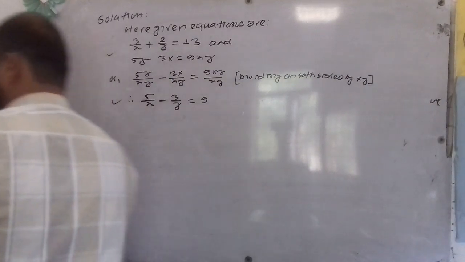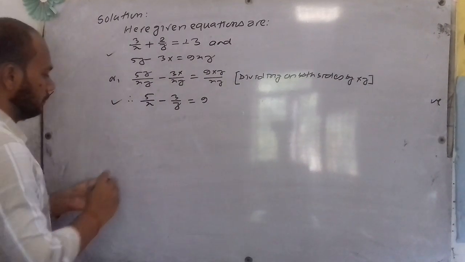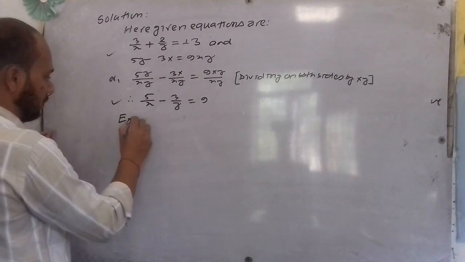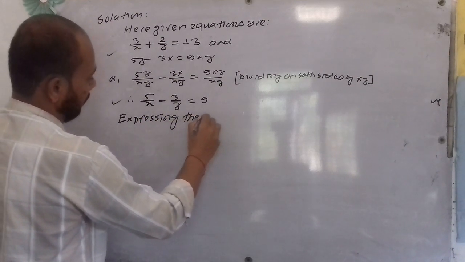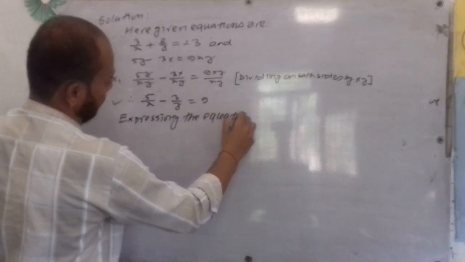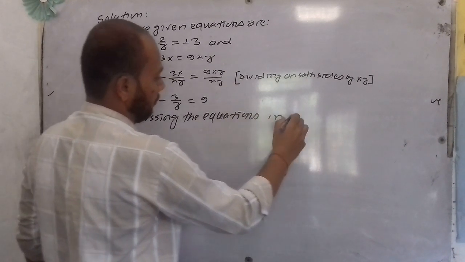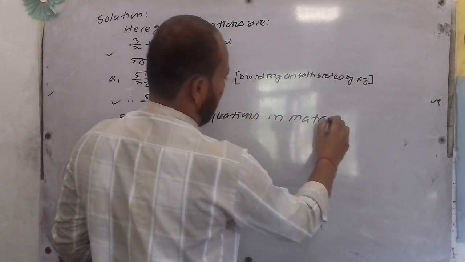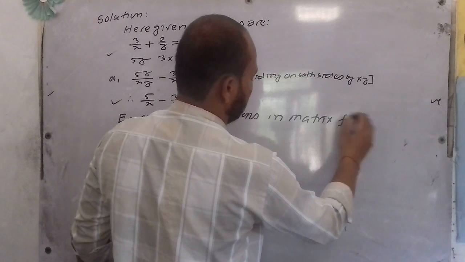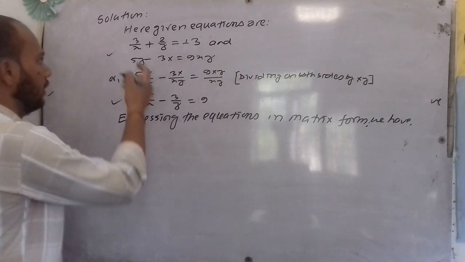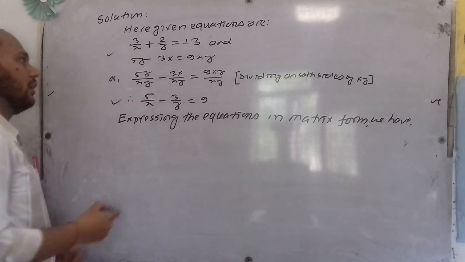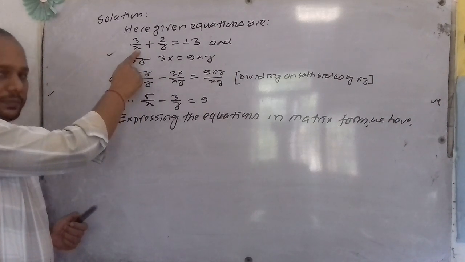Look here, expressing the equations in matrix form, we have, in the place of x, 1/x.